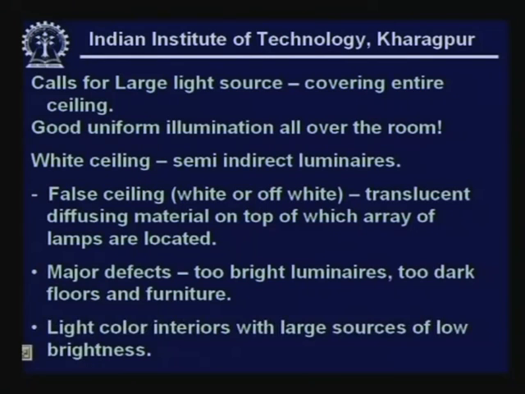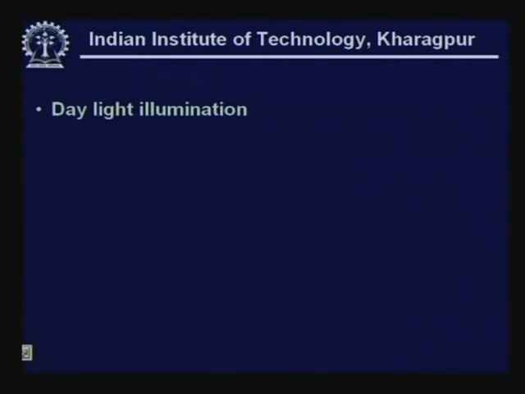That is, if you have light color interiors and large sources, that is line or sheet sources of low brightness, you can get a good uniform illumination all over.